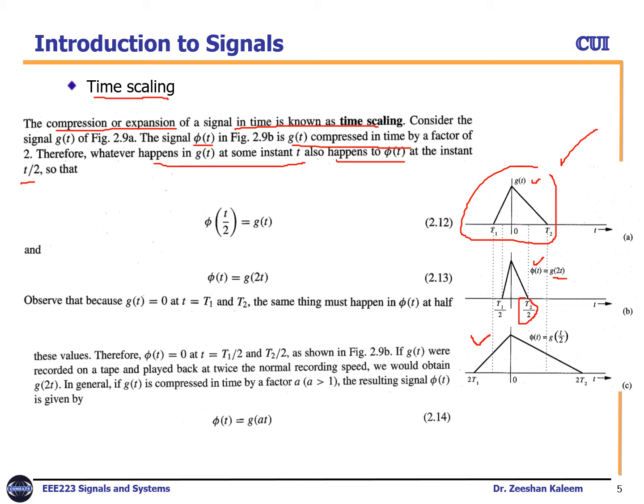So we can mention it like that, phi t by 2 equals gt. You got my point. I mentioned that phi t is just a representation. So whatever is happening at t1 is happening at t1 by 2 in phi t.